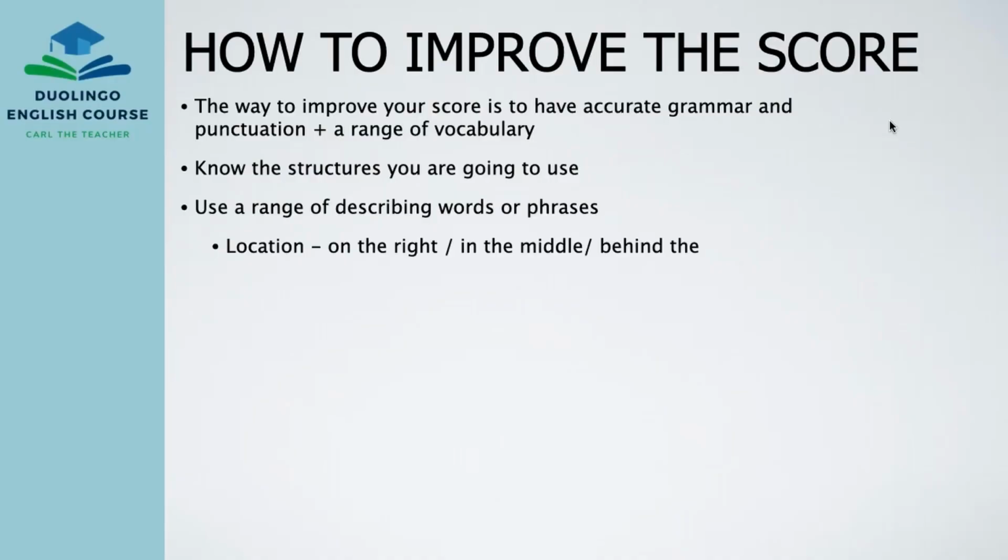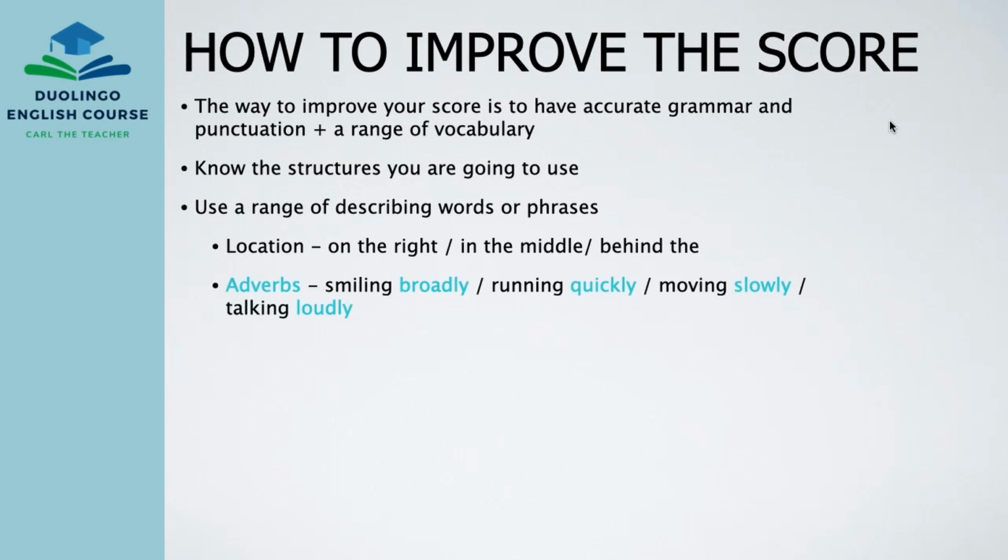Some of the phrases you might want to use would be location phrases. For example, on the right, in the middle, or behind. There's other ones, of course, as well. It does depend on the picture that you see. You could also use some adverbs. This is when you give extra information about the verb. So for example, smiling broadly. This means to have a big smile.